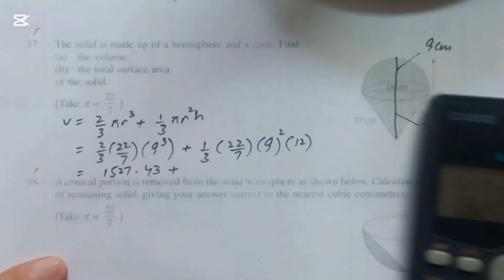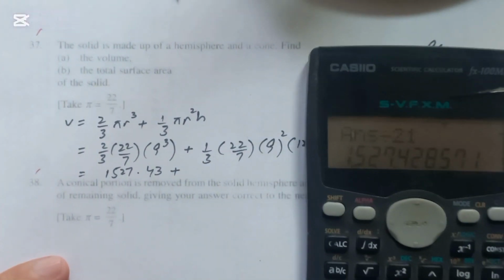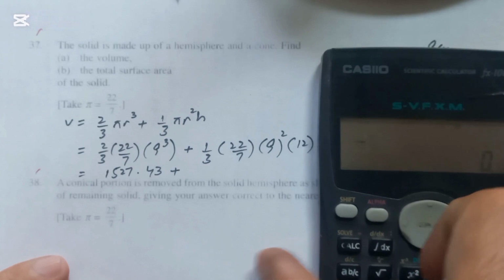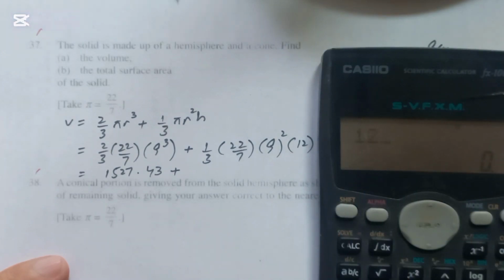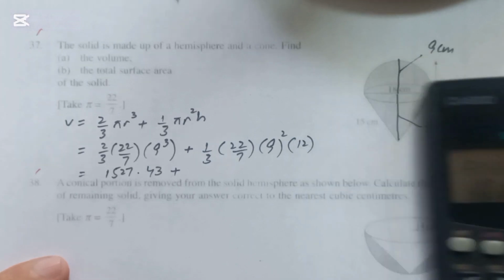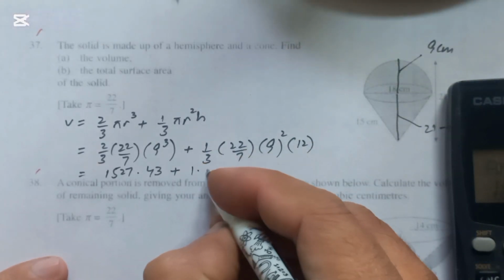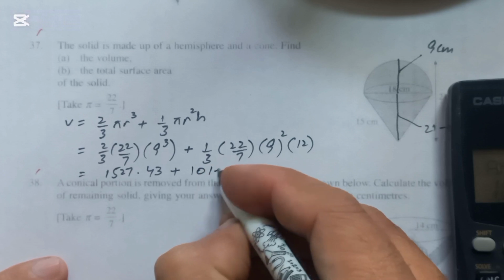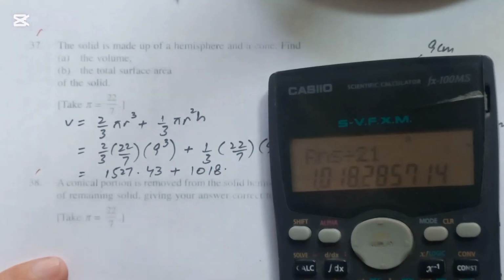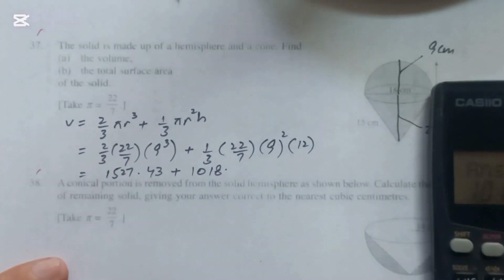Now solve this value. 12 multiplied by 9 square multiplied by 22, equal, divided by 21. Its value is 1018.29.